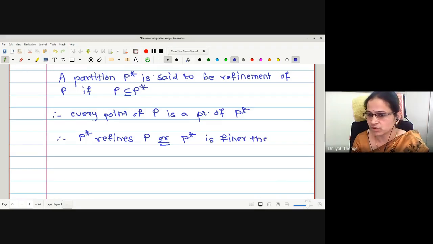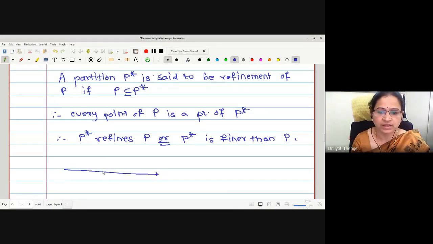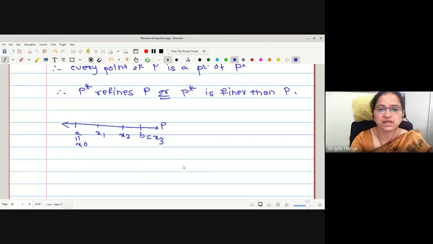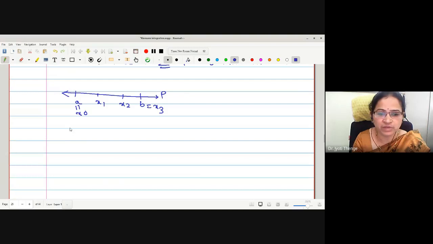Therefore, what is the simple meaning of the refinement of a partition? We have to increase the number of points of the given partition, right? Suppose this is the real line, and I am showing a partition of a closed interval AB, say A is x0, this is x1, this is x2, and this is the third point x3. Now, if I want to make a refinement of this partition, what do I have to do?